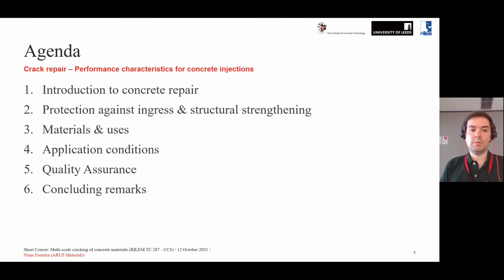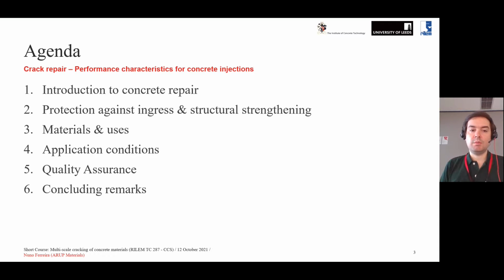We will discuss the two basic principles of concrete repair involving injections. The first principle is the protection against ingress, or P1, and the second is the structural strengthening, P4. And we also talk about the different materials and uses of injection filling materials.